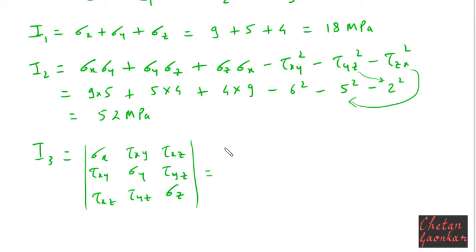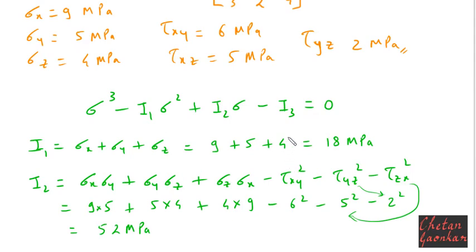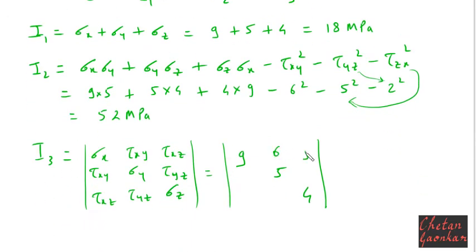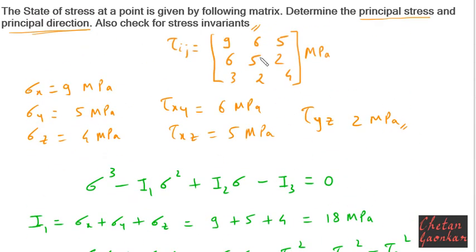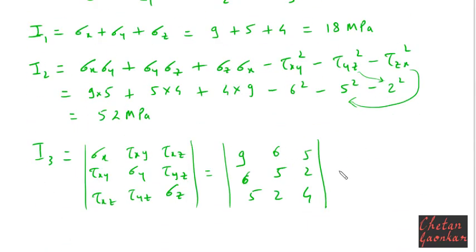And then if I substitute all these values here, basically these are 9, 5, 4, and then I have here 6, 5 and 2. This is what actually the matrix which is given to us, the state of stress at a point. So if I just take the determinant of this, I will get I3 as 27 megapascals. I hope you all know how to take determinant on your calculators. So with this I will get the values of I1, I2 and I3.